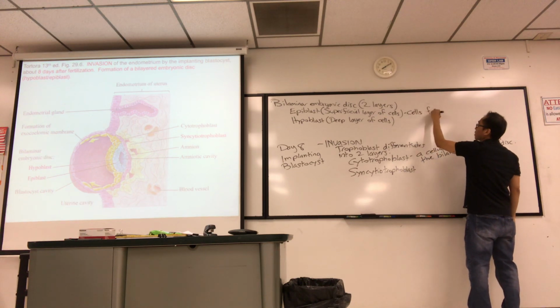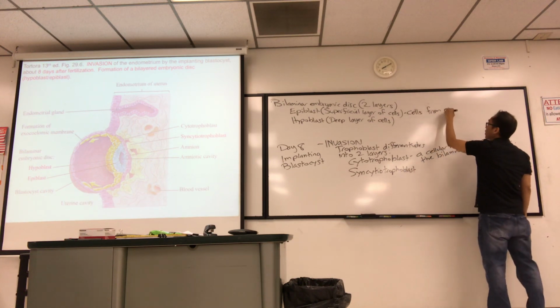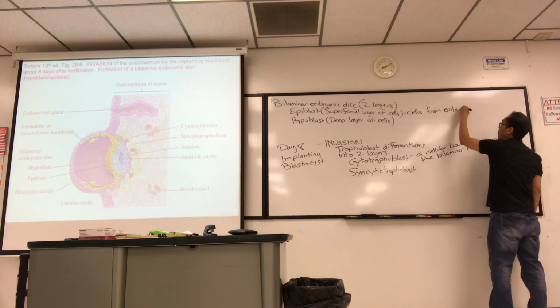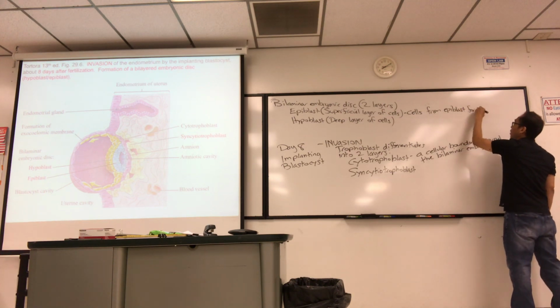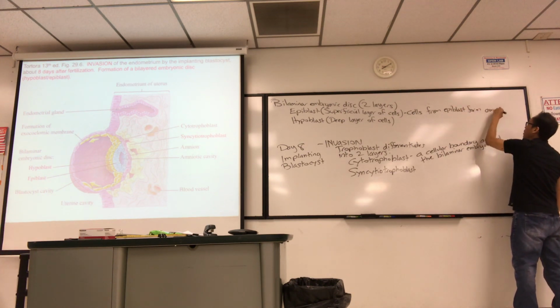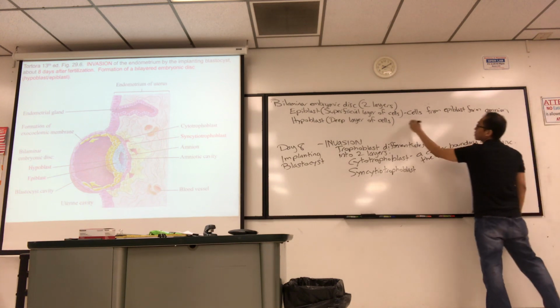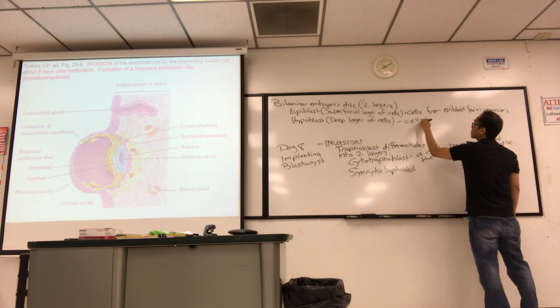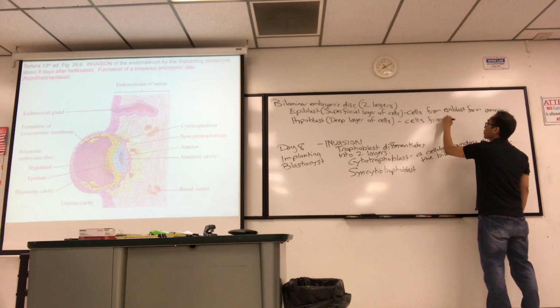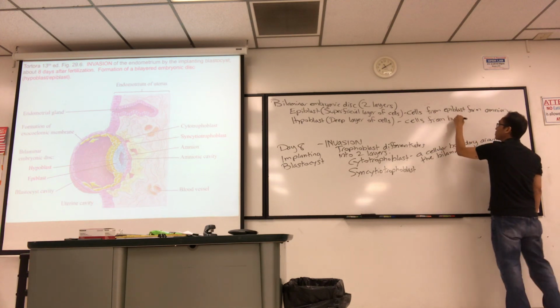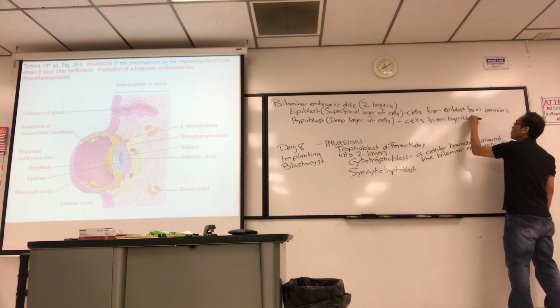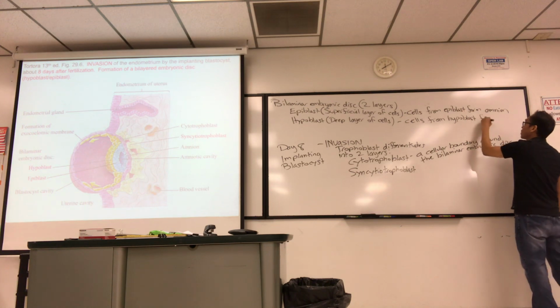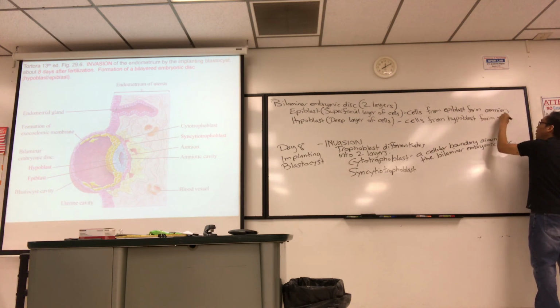Cells from epiblast form amnion, cells from hypoblast form yolk sac.